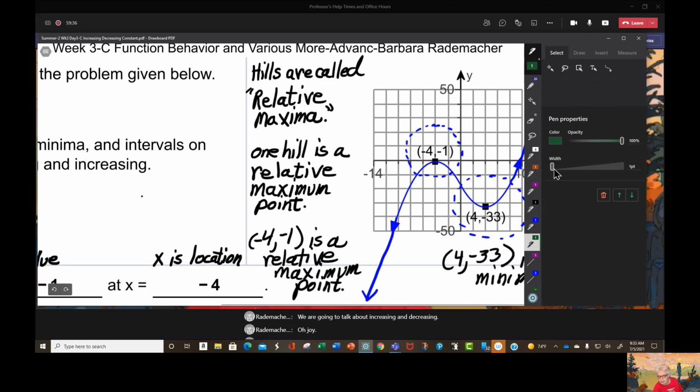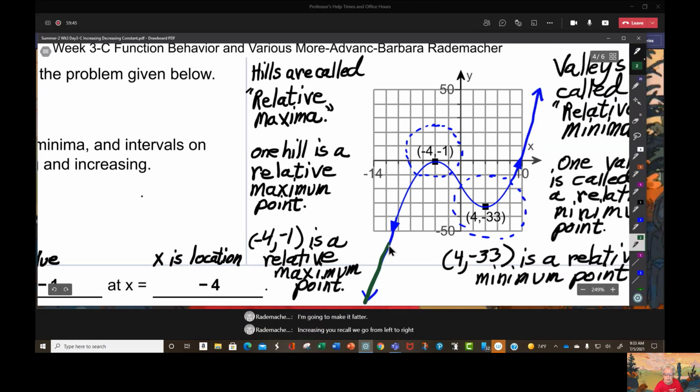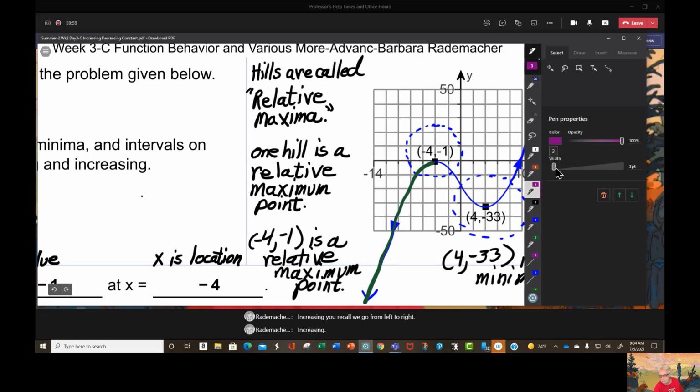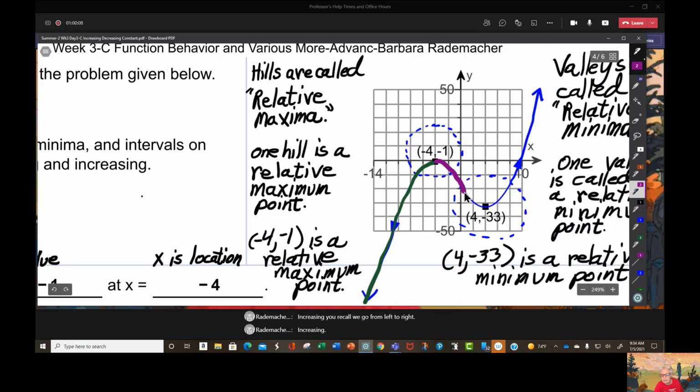So increasing, I'm going to make it fatter. Increasing, you recall, we go from left to right. Increasing, decreasing, increasing.